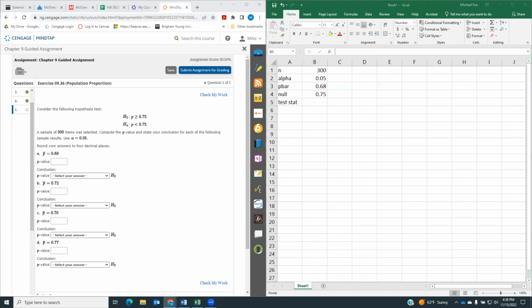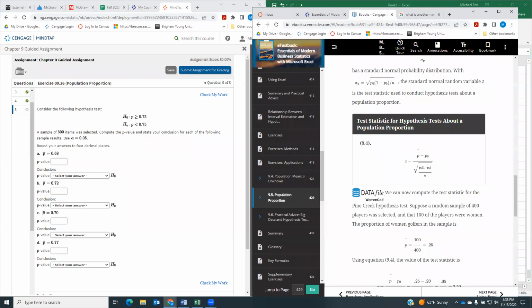It's just taking me a second. I just think it's easier if you can see it for a second. So the test statistic for a hypothesis test is P bar, which is our sample proportion, minus the null proportion, or the hypothesized proportion, 0.75, divided by the square root of the null times 1 minus the null over n.